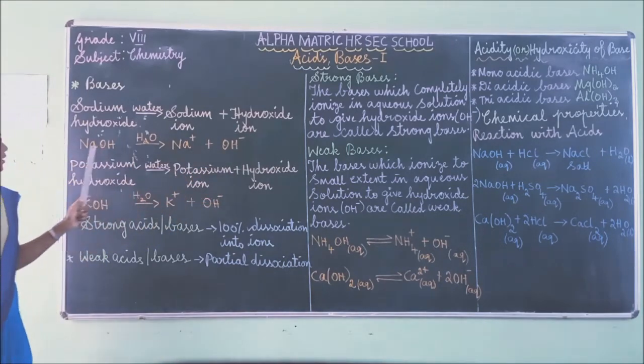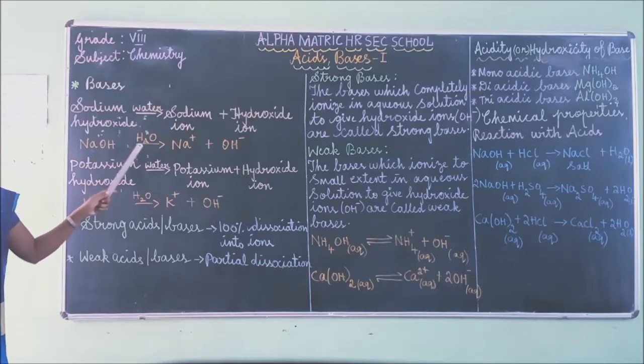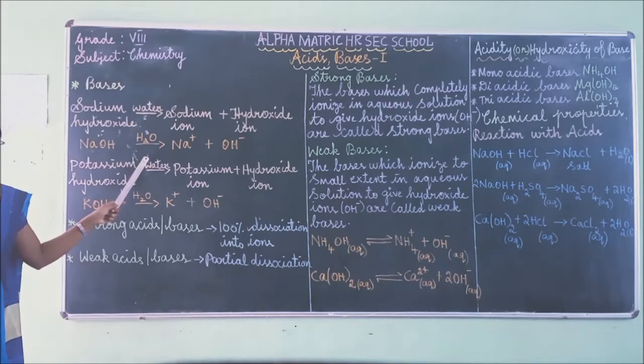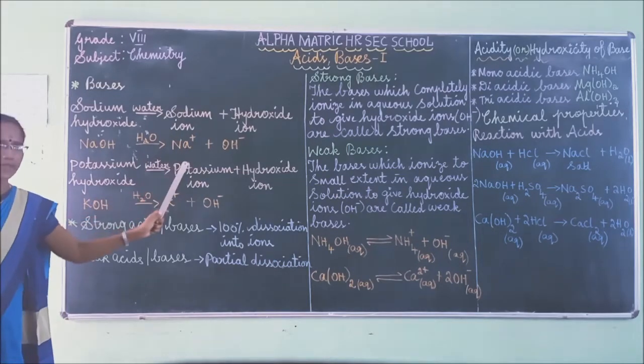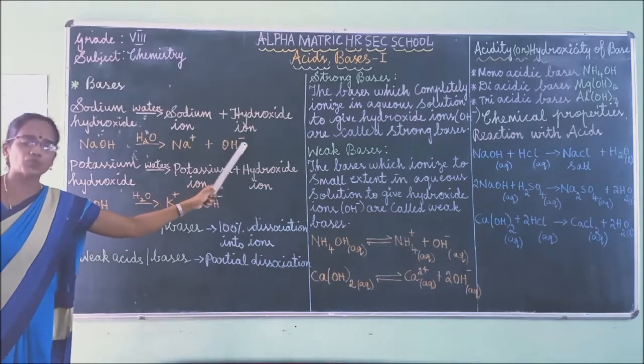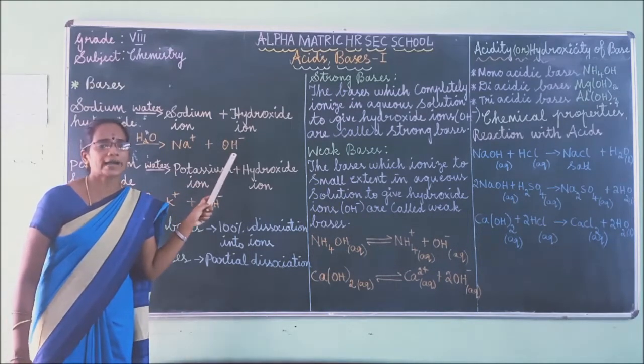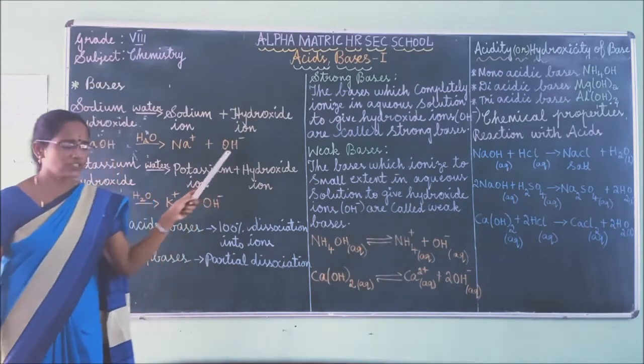What is the formula for sodium hydroxide? It is NaOH. When dissolved in water, it forms sodium ion, that is Na+ ion, as well as OH- ion. This OH- is nothing but the hydroxyl ion, right?